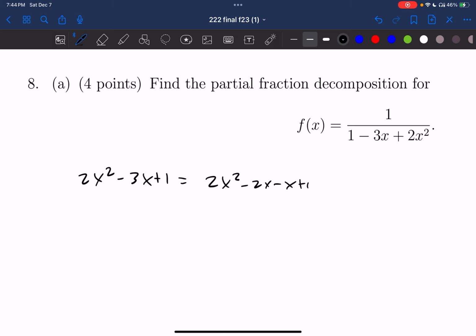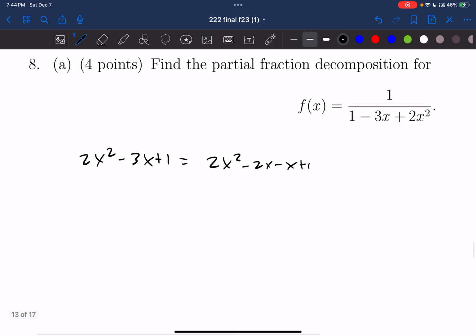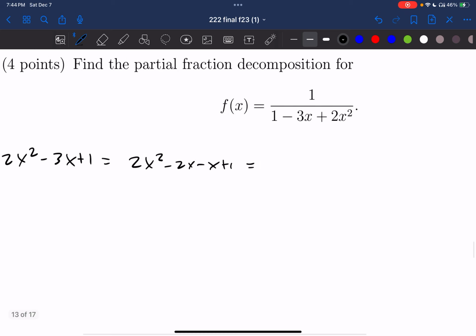Okay, so from here, let's group this stuff together. So this will be equal to 2x times x minus 1, minus 1 times x minus 1. Okay, that's right.